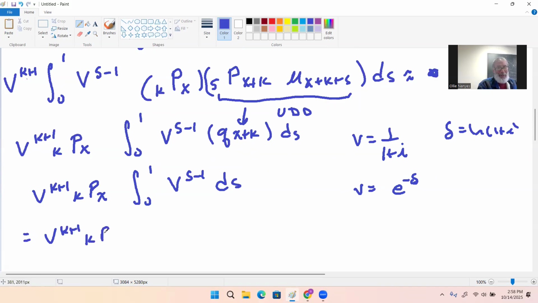That makes the integral a little bit simpler to wrap your head around. It's not a difficult integral, of course. This is now going to be e to the delta times 1 minus s. And now we're at a calculus 1 integral that we can easily do.